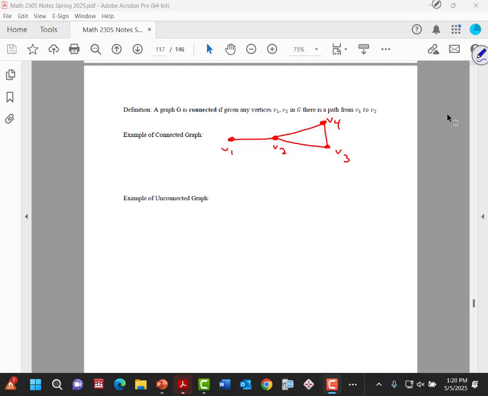Well, what if I took this graph right here and I eliminated this vertex right here? Excuse me, not this vertex, this edge right here. I might call him E1. So if I eliminate E1, then what does my graph look like in this case? I would call this V1, V2, this is V4, this is V3.